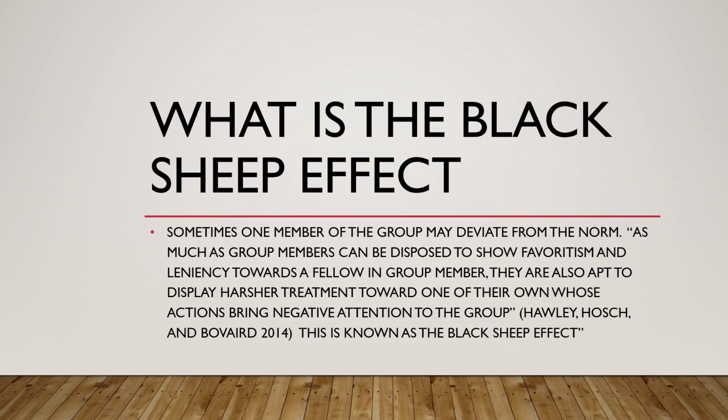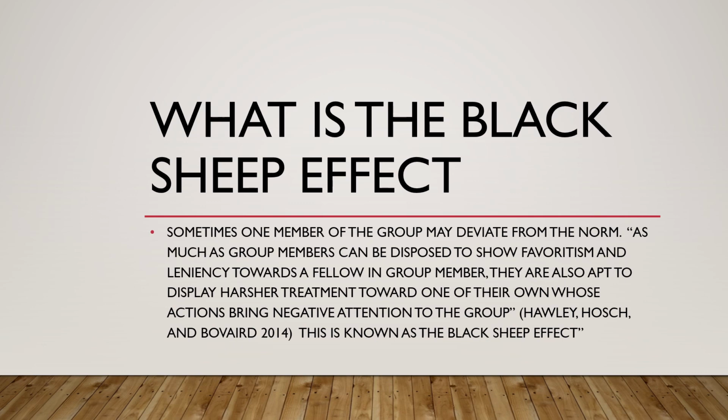Okay? Now, what is the black sheep effect? Sometimes one member of the group may deviate from the norm. A lot of us have family members that we call the black sheep of the family, and they've been taught one thing growing up and they deviate from what they've been taught.